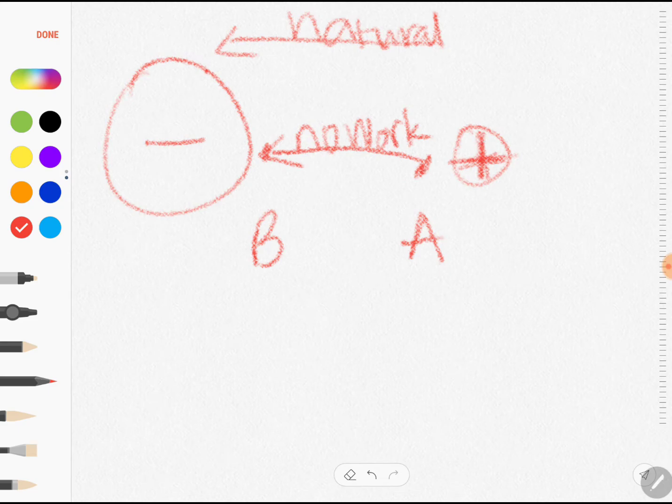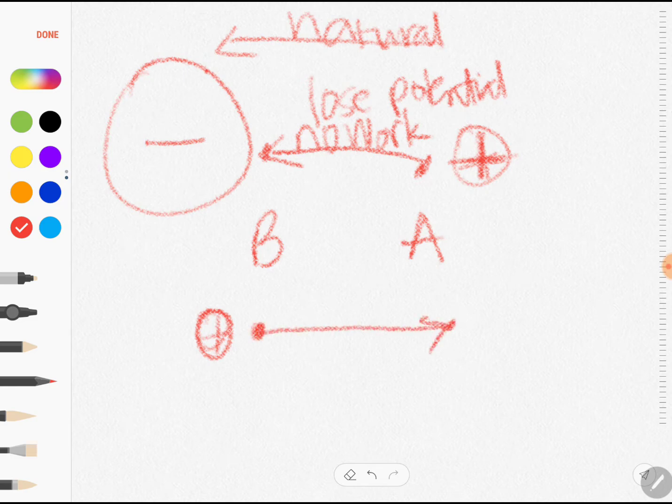So if it's no work, will it lose or gain potential? It will lose potential. But in order to move this positive charge from B to A, since this is not the natural movement for this positive charge when it's affected by this negative charge, we need to do work on the positive charge so that it can move from B to A. So if we do work on the charge, what will happen to its potential?